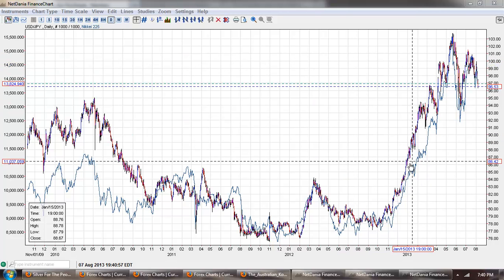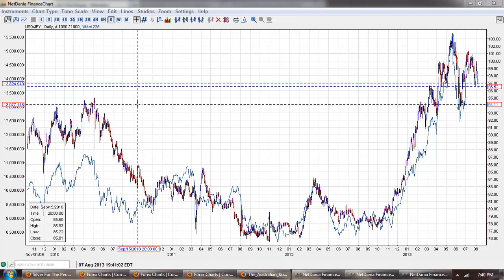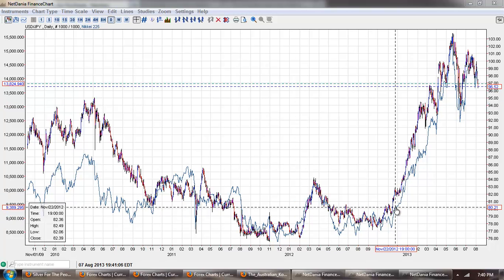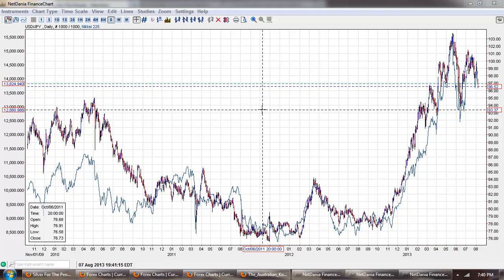But you can see they're pretty much moving in lockstep. What that means when you break it down is that people who bought the Nikkei at the beginning of this great rally, they are pretty much in the same place they were when you calculate out the currency differential. So that shows you how it operates on the Nikkei.